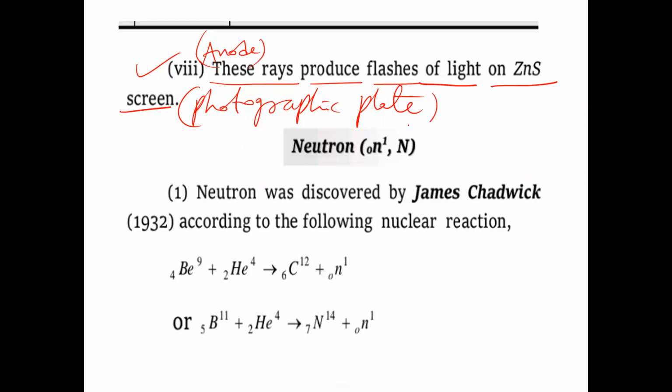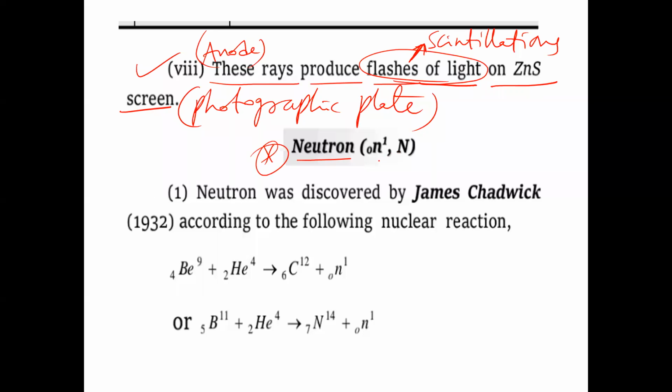If anode rays fall on this zinc sulfide plate, they produce flashes of light, which means scintillations. So anode rays produce scintillations, or flashes of light, on the zinc sulfide screen. That is about anode rays.